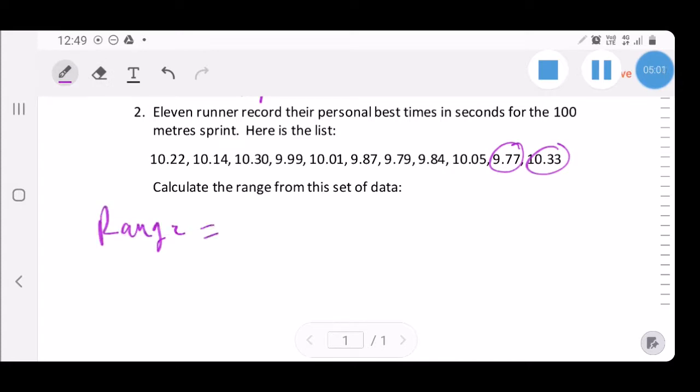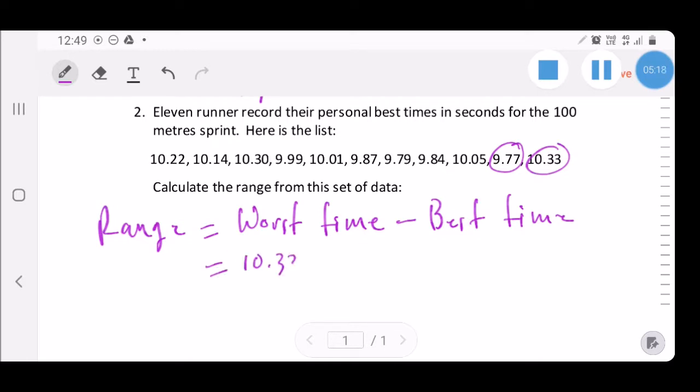Range equals worst time, which is still very fast, minus best time, which equals 10.33 seconds minus 9.77 seconds, which equals 0.57, and don't forget the units, seconds. This is a real-world question. We're dealing with seconds, so our answer to the question needs units. You need to write seconds there.